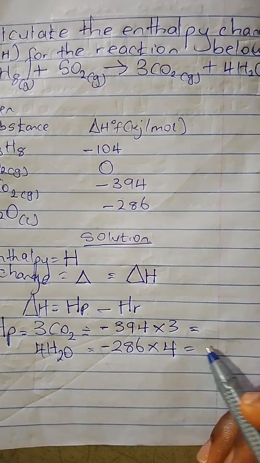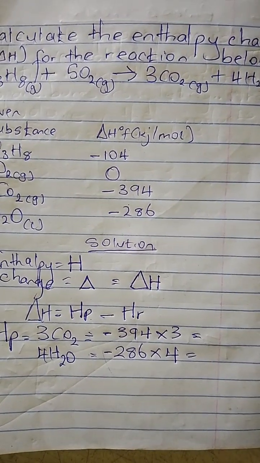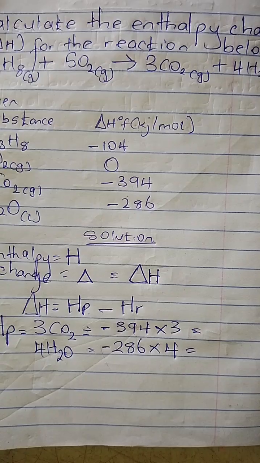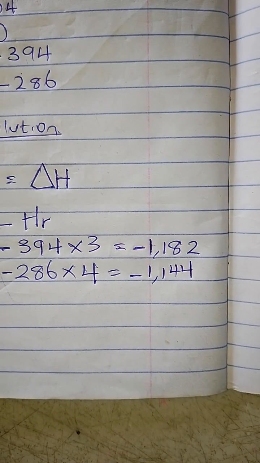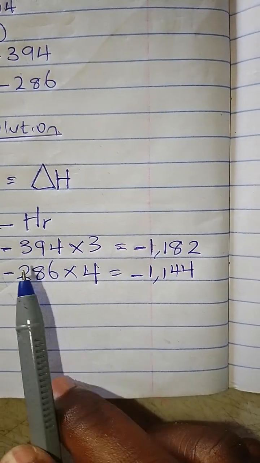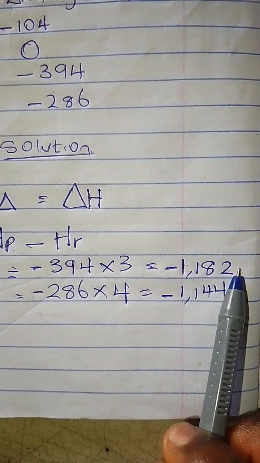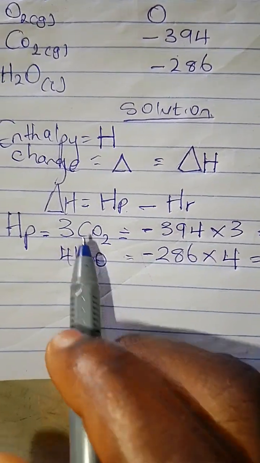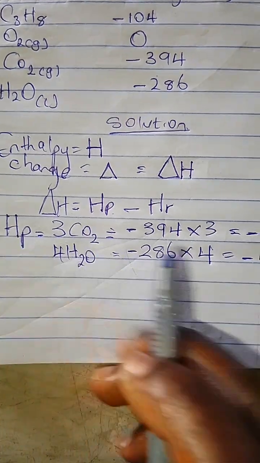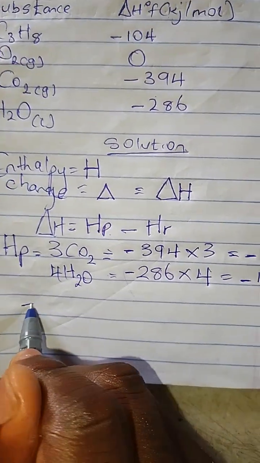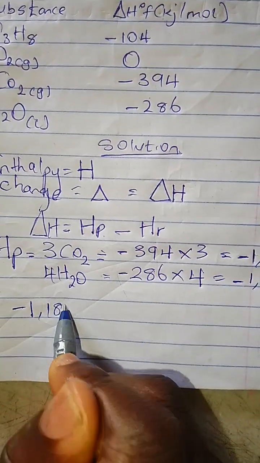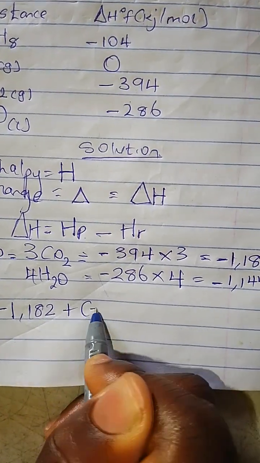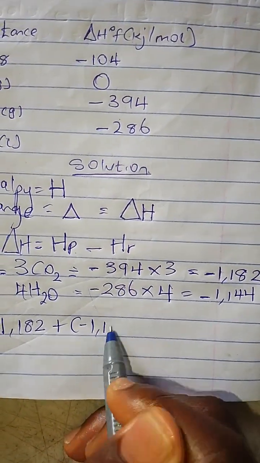Let me quickly press my calculator. Minus 394 times 3 and minus 286 times 4. When you press your calculator, you will get minus 1182 and minus 1144. Now we are going to add them together to get the heat of the product. So minus 1182 plus minus 1144.